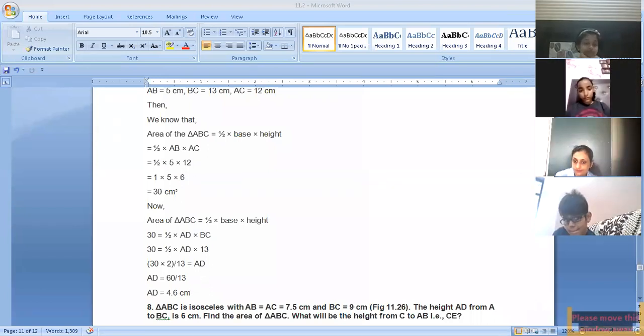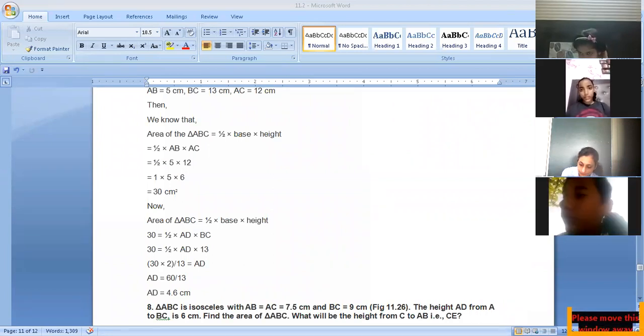Yes, Astha. Ma'am, I want to give the next question's answer. Okay, just read the question. Ma'am, triangle ABC is isosceles with AB equal to AC equal to 7.5 centimeter and BC equal to 9 centimeter, figure 11.26. The height AD from A to BC is 6 centimeter.